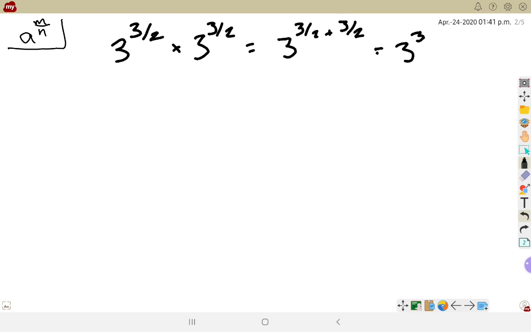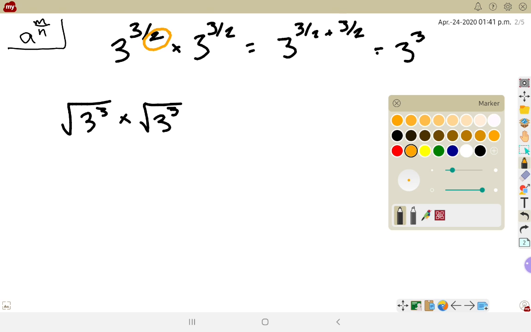Well, the same thing would happen if I took the square root of 3 cubed and I multiplied by the square root of 3 cubed. Okay, now I'm taking the square root because when you look back, the denominator in my exponent was a 2, and we just talked about the denominator being the same as the index in our radical.